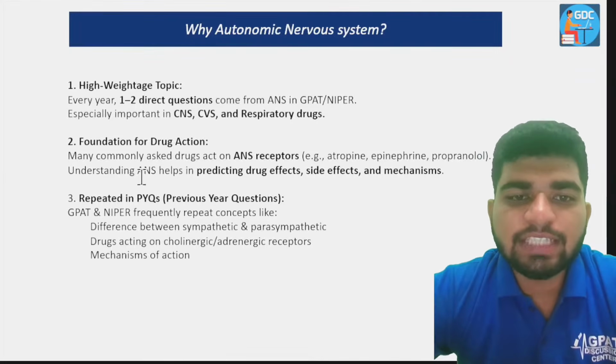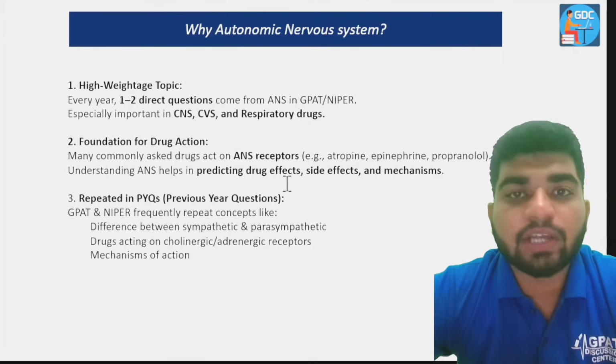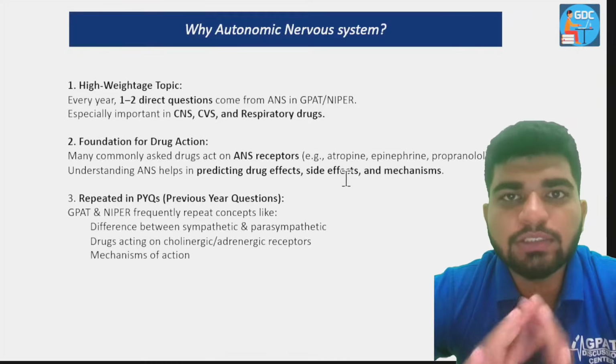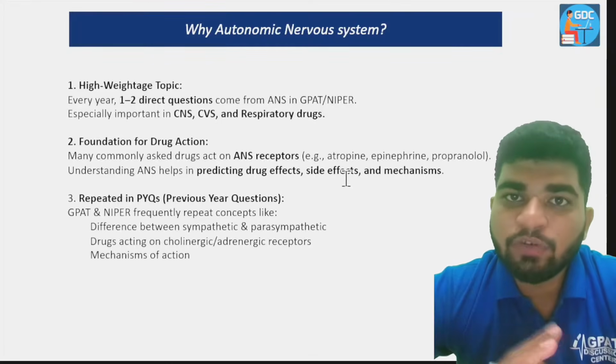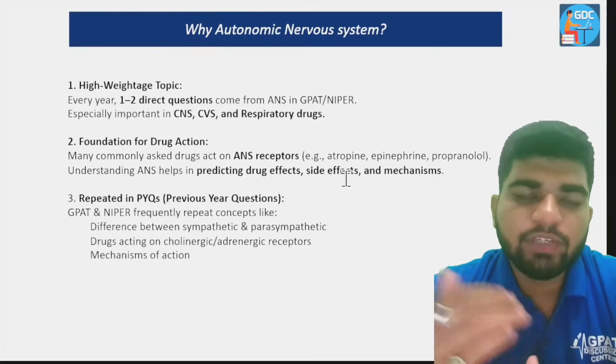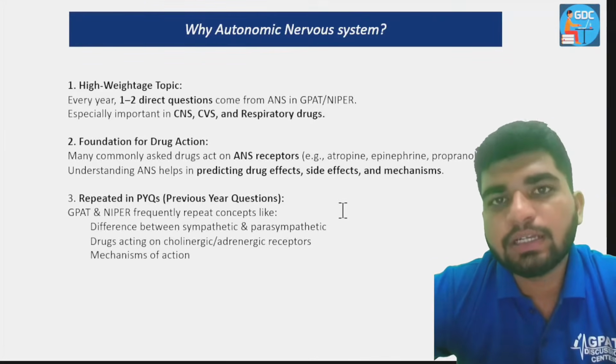The ANS helps in predicting the drug effects, side effects, and also the mechanisms. Once you learn the mechanism of these receptors, you will be able to learn those drug effects in upcoming classifications.